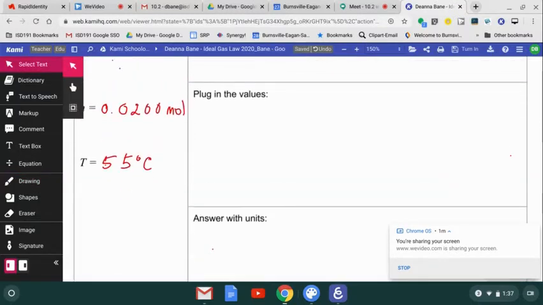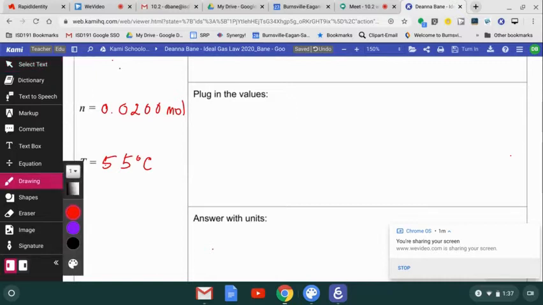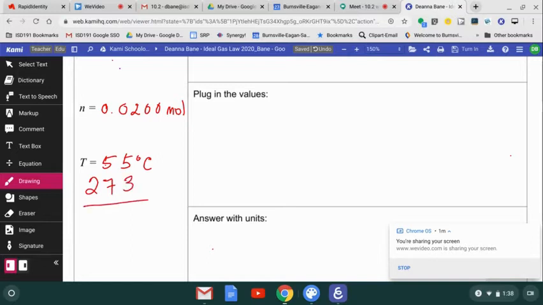You can see I've already got it written down, but temperature needs to be in kelvins. So the next thing we want to do is to add 273. So we get 328 kelvins, and that's the temperature that we need to use.